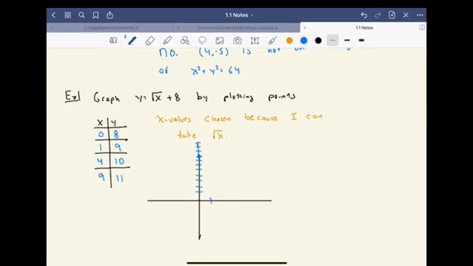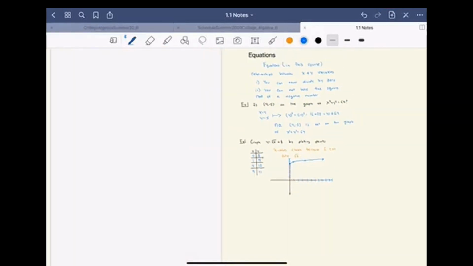If x is 1, y is 9. Go to 4, y is 10. Out there at 1, 2, 3, 4, 5, 6, 7, 8, 9, y is going to be 11. So I end up getting a plot that looks like so. Okay, that's y equals the square root of x plus 8.